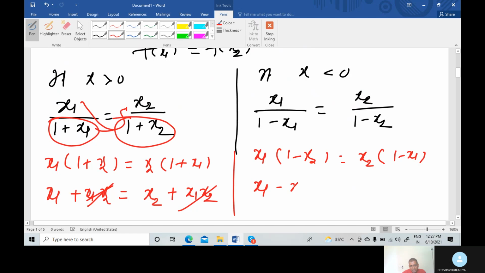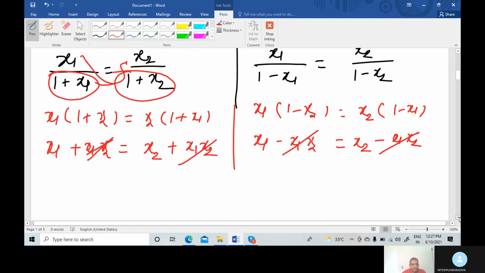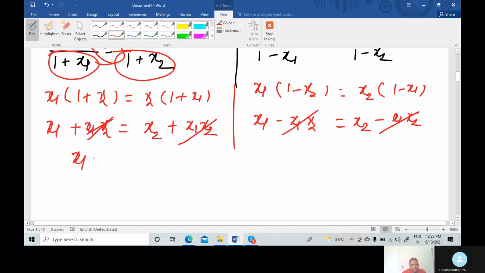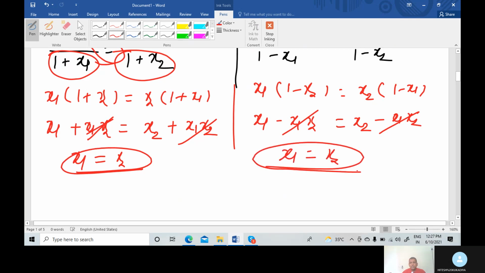Here x1 minus x1x2 equal to x2 minus x1x2, again the same term cancels on both sides. So what's remaining? x1 equal to x2, that means one-one function is possible. Is that clear? So you can write the last statement, one-one function is possible.